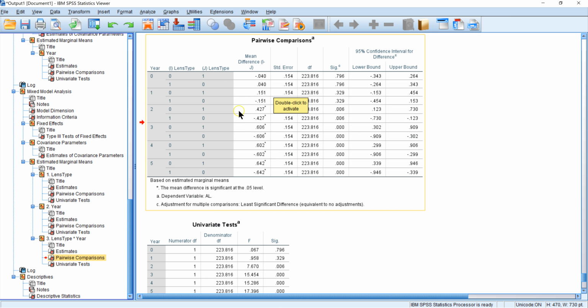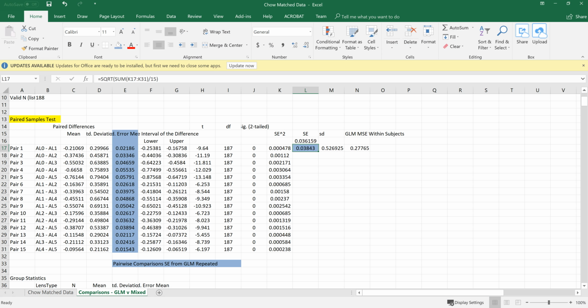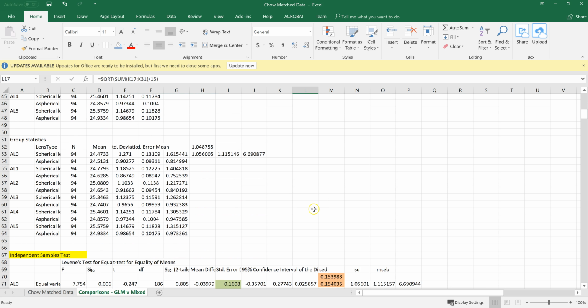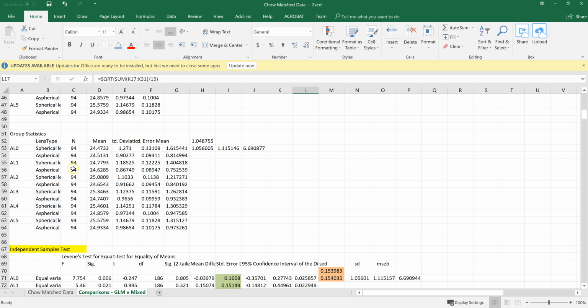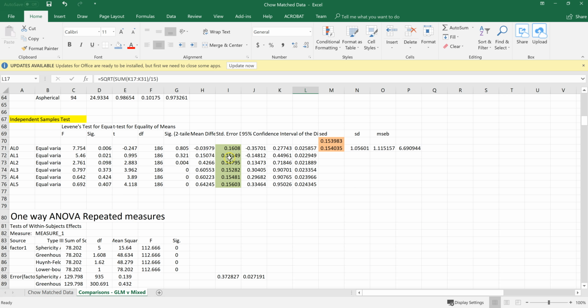Now, this gets a little bit more complicated. Well, not in the first sense of talking about stuff. Let's go back to our Excel file. And we have independent t-tests right here. Oh, here they are. And we see the standard errors. But here we see this again is that average.